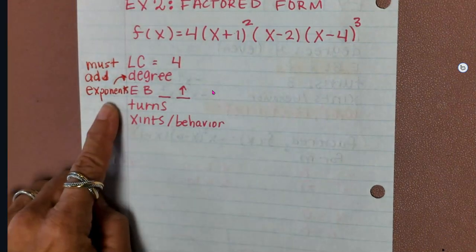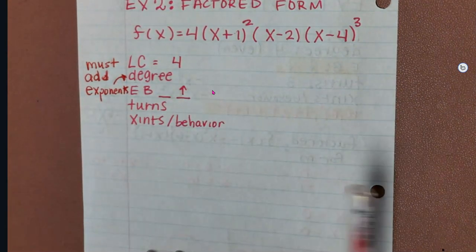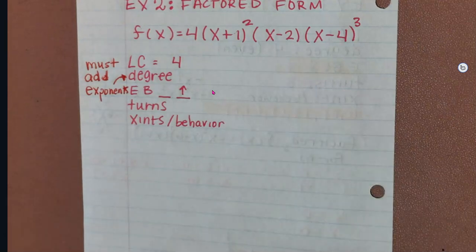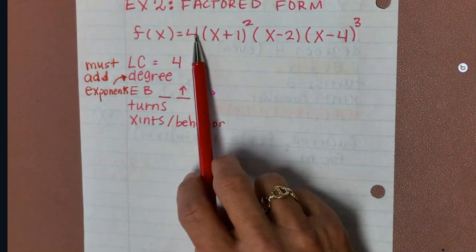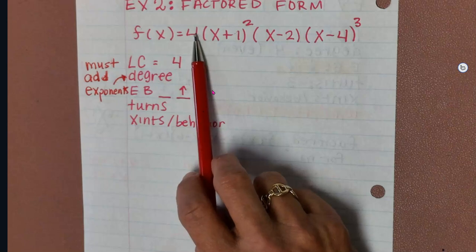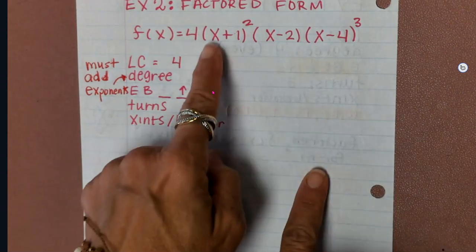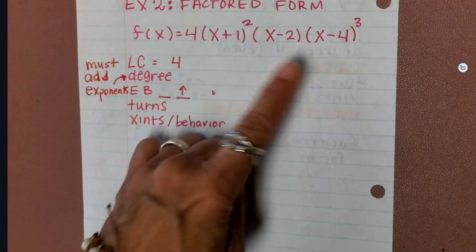You must add the exponents to find the degree. And it is just the exponents of the x's. So y'all, look, see that 4? It's understood to have a power of 1, and that's really nice. Well, we don't care about it. We only care about things that have the letter x.